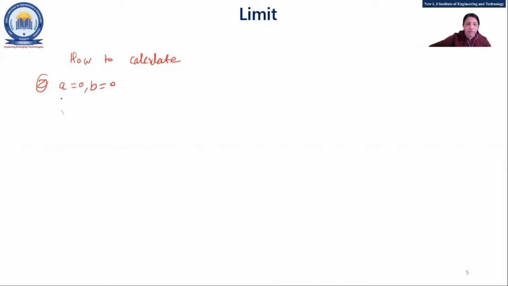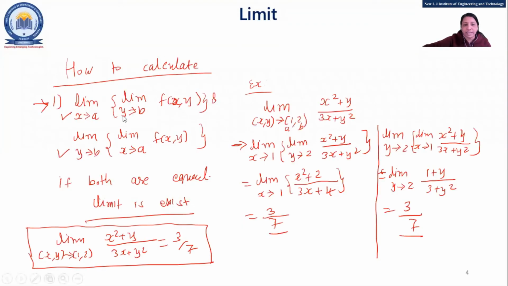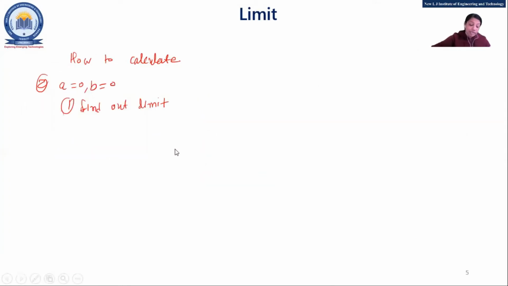First you have to apply the first rule, that means find out the limits. Applying which rule? The first one, in both ways: apply first x, then y, and apply first y and then x. Now, if both are the same, you will go for the next step.